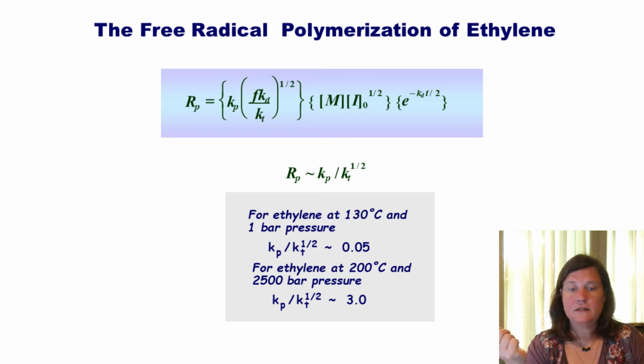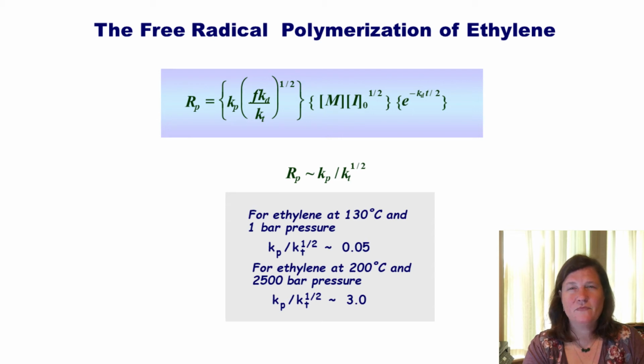Okay. Let's consider the free radical polymerization of ethylene. Ethylene is a gas, and the rate constants have a pressure dependence, not only a temperature dependence when we're talking about gases. So for ethylene at 130 degrees centigrade and 1 bar of pressure, k_p over k_t to the 1/2 is 0.05. Do you think the polymerization is occurring very quickly?